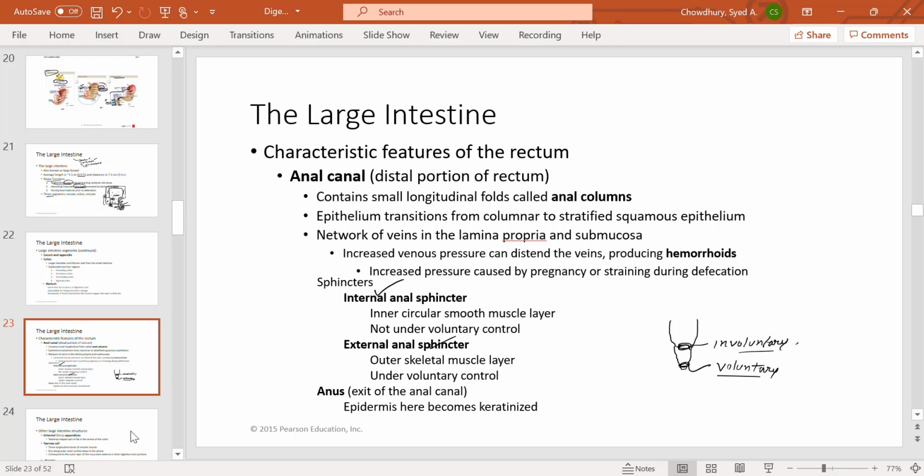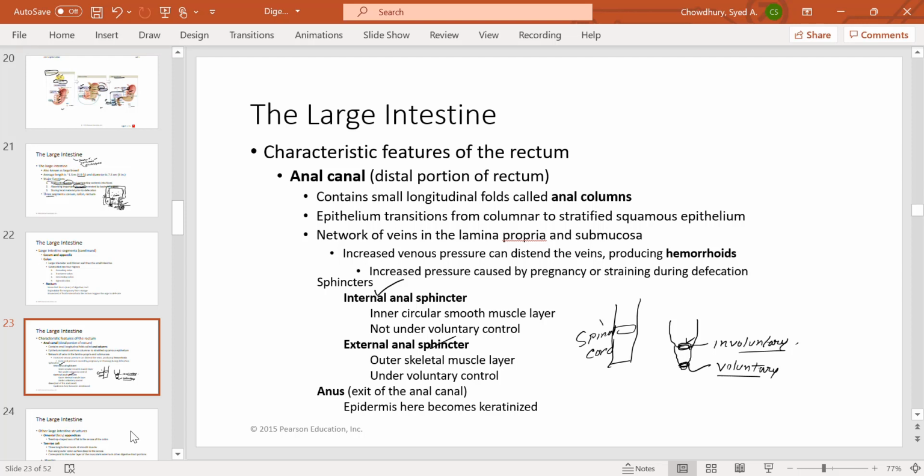Your reflex from the spinal cord will relax it. Okay, so this is the spinal cord. What happens when you defecate?